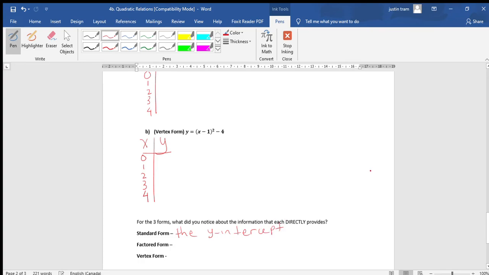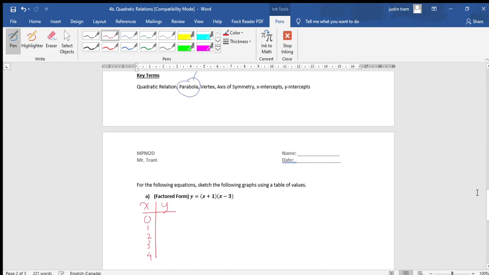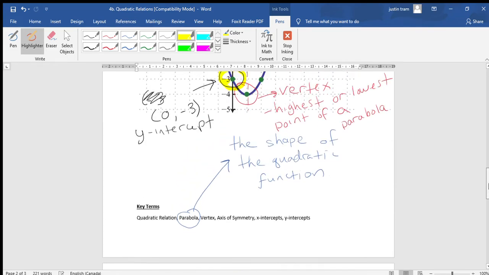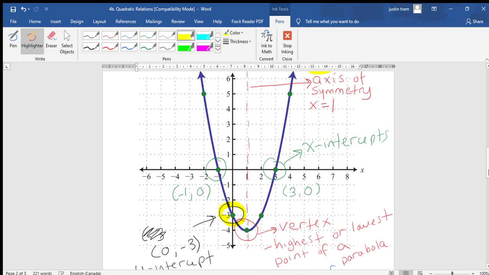How about the factored form? Okay. Well, looking at these two values, so keep in mind a 1 and a 3. Now, ignore the signs for a second. Just look for the 1 and 3. Do you see that anywhere? Correct. The x-intercepts 1 and 3.